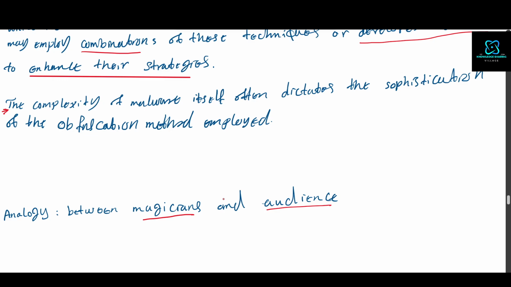The main goal, for both the attacker and the magician, is to keep the audience, in the attacker's case the defense team or mechanism, guessing and unable to pinpoint exactly how the trick or malware is executed. Okay, that was the analogy.